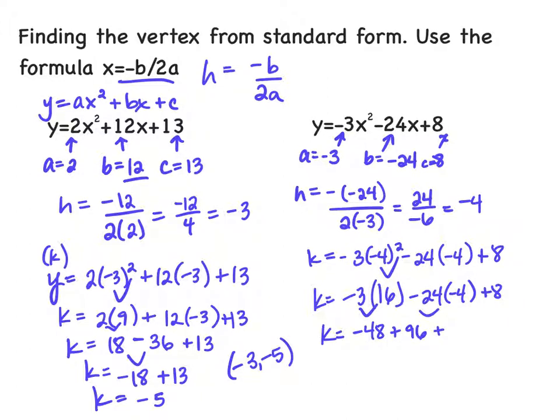Positive 96, and then plus 8. So this is going to give me 48. Drop down the plus 8. Whoops. And I have 56. So my vertex, my values for xy for my vertex, also known as hk, negative 4, 56. So that is standard form.